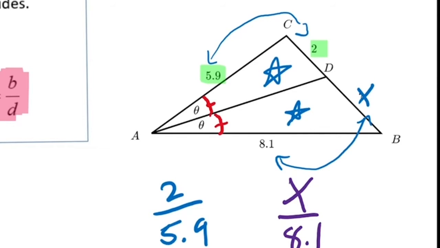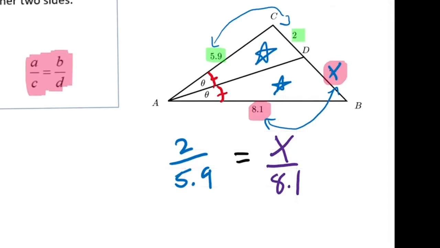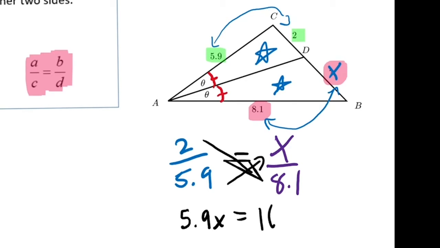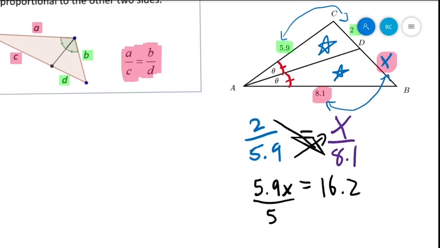As you can see, I did the small side over the big side, and those two proportions should be equal. And now we're back to cross multiplying. 5.9 times x is 5.9x. 2 times 8.1 is 16.2. Divide both sides by 5.9.